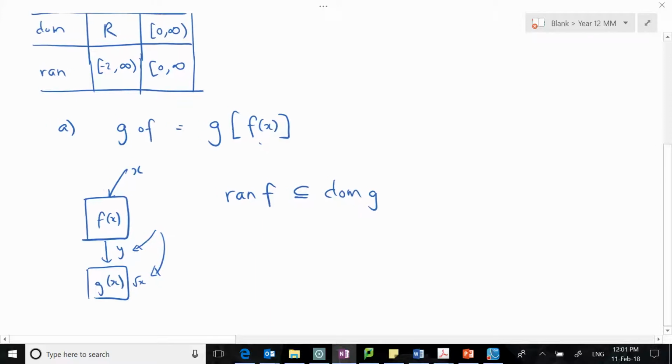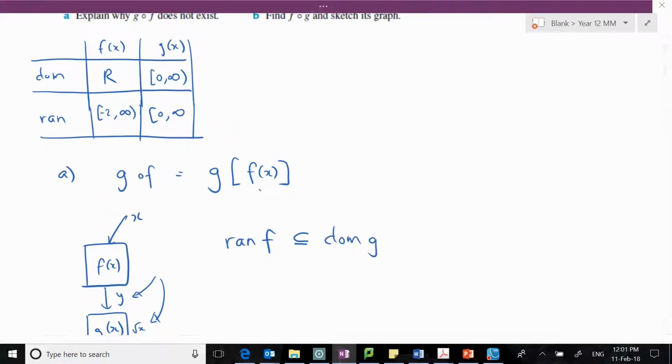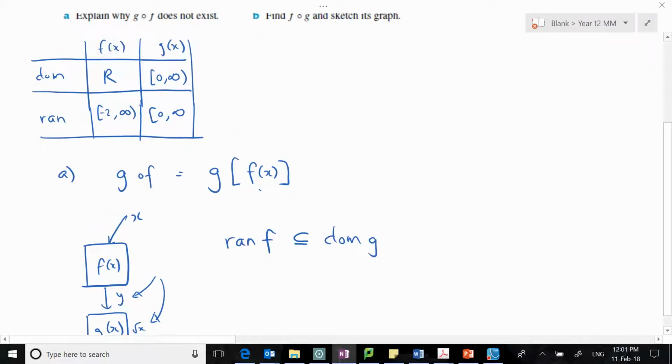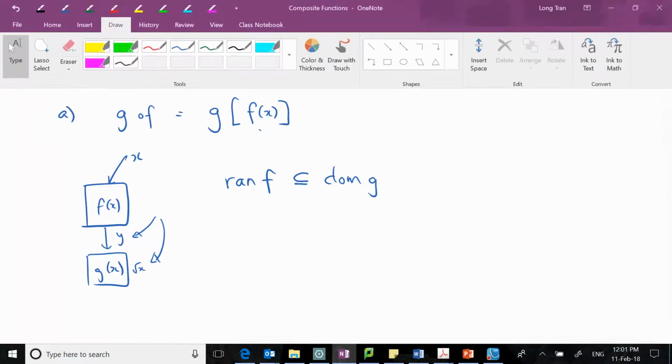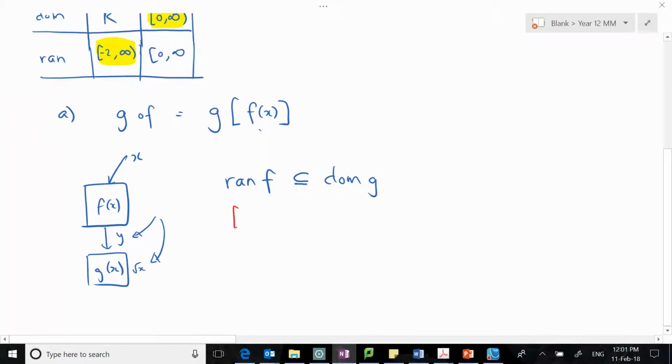The range of f, which I've already got up here, needs to fit the domain of g. So the question is, this is negative 2 to infinity. Does it or does it not fit 0 to infinity?